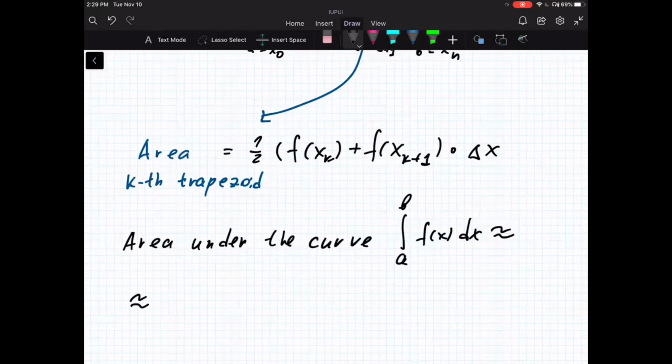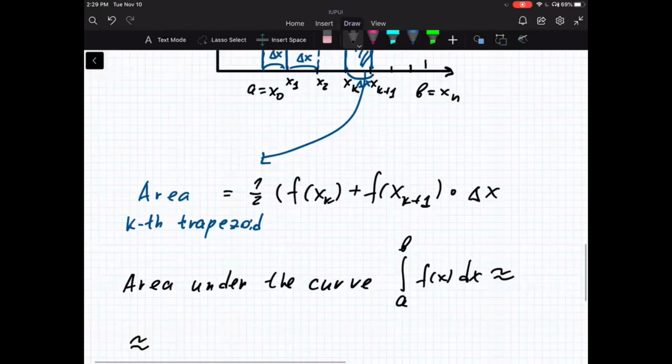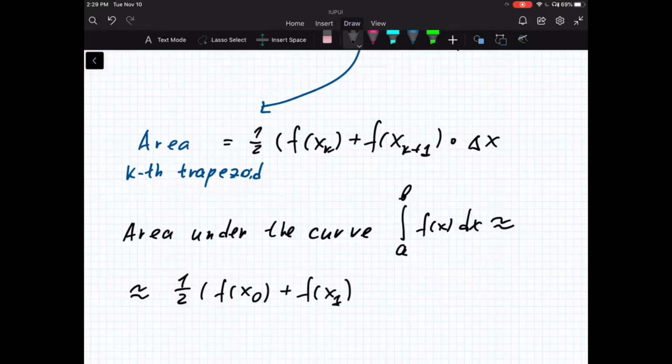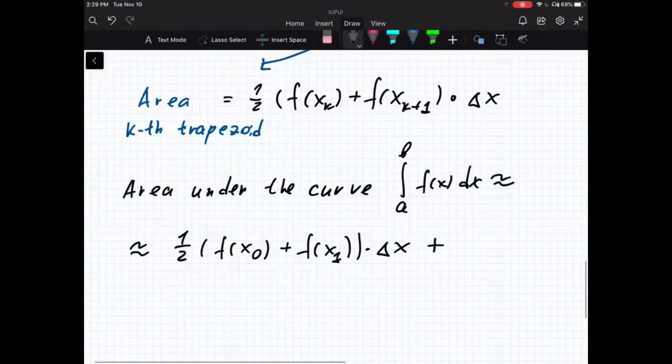So I started with my first trapezoid, and it gives me 1/2 f of x0 plus f of x1, times delta x. This is my first trapezoid.